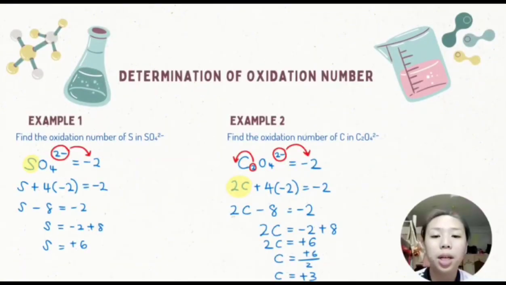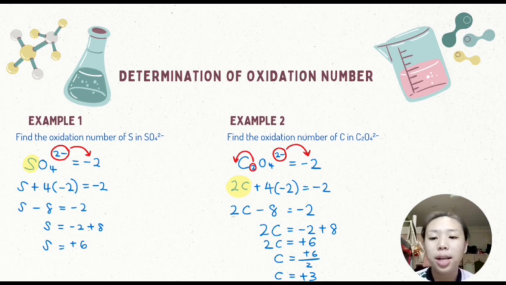We will now determine the oxidation number based on the examples given. Example 1. Find the oxidation number of S in SO4 2-. First, we rewrite SO4 2- as equal to -2 based on its charge.